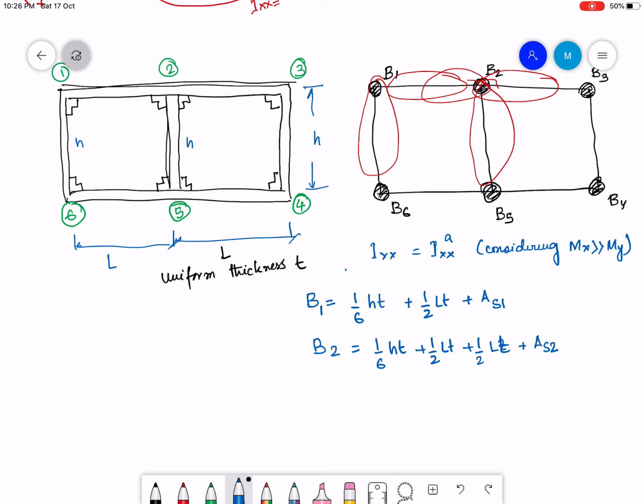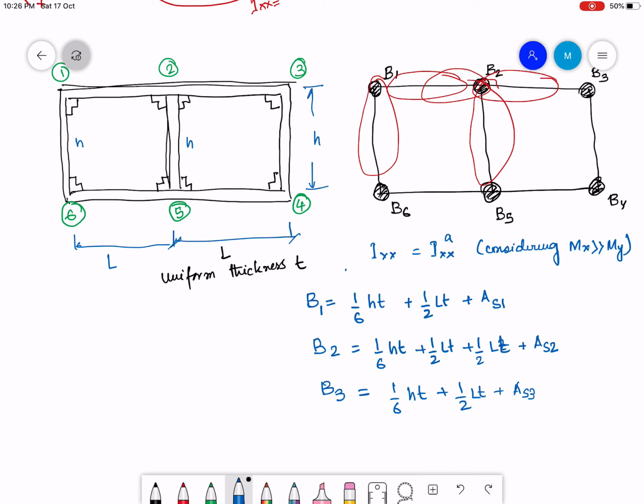Similarly, B3 is going to be 1/6 of HT plus half of LT plus A of S3.